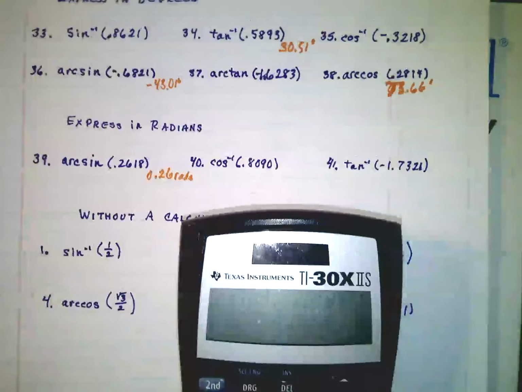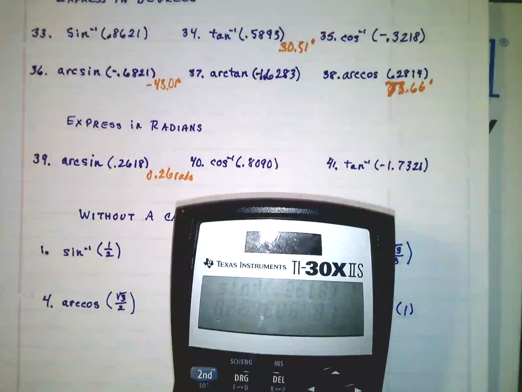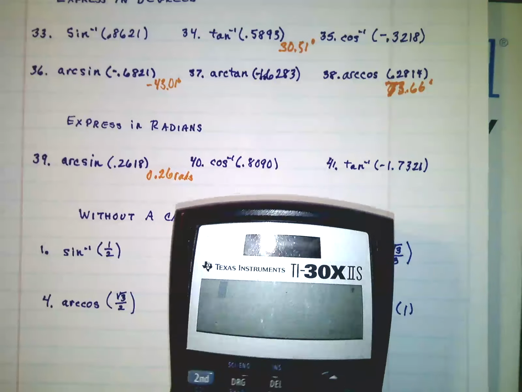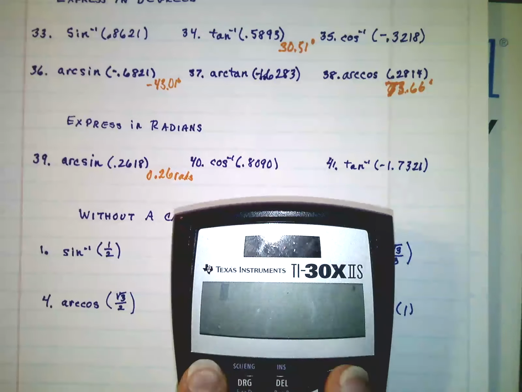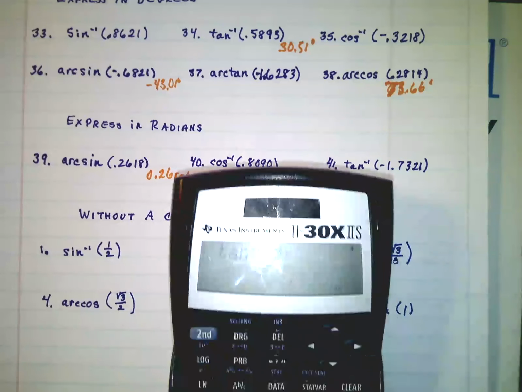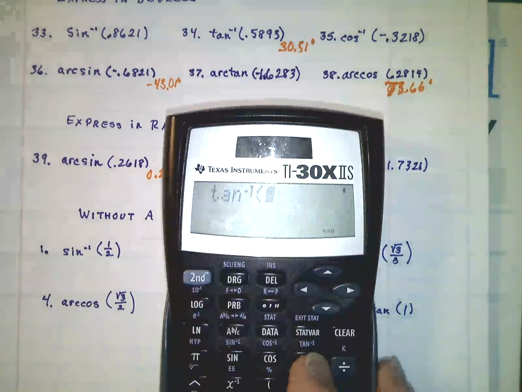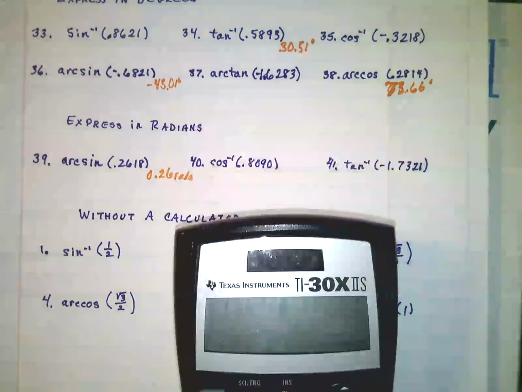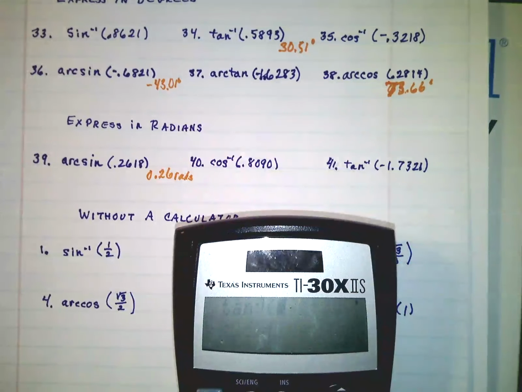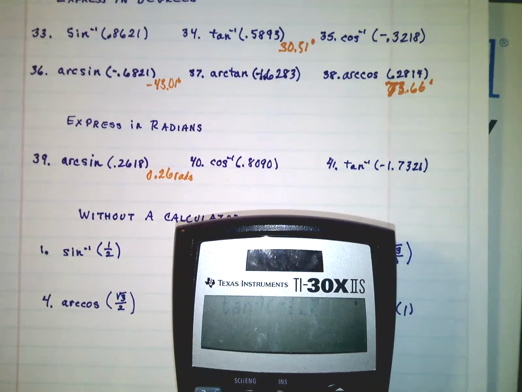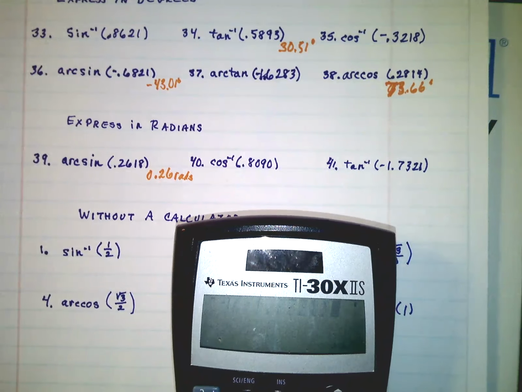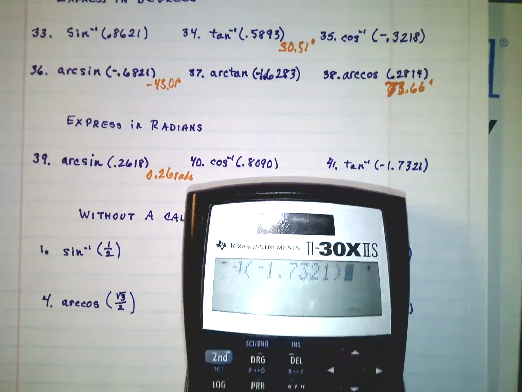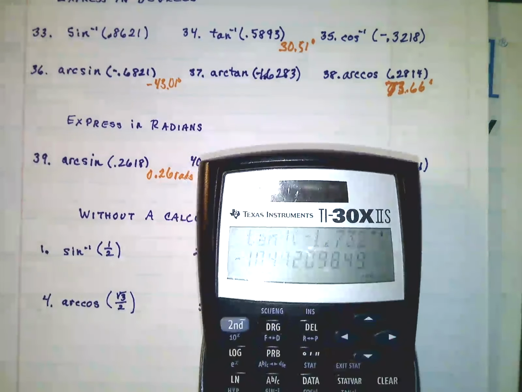How about the last one here, inverse tangent? So literally just type in second tangent, and they tell us on the calculator that is inverse tangent, second function. Type in what they told us, and then hit enter.